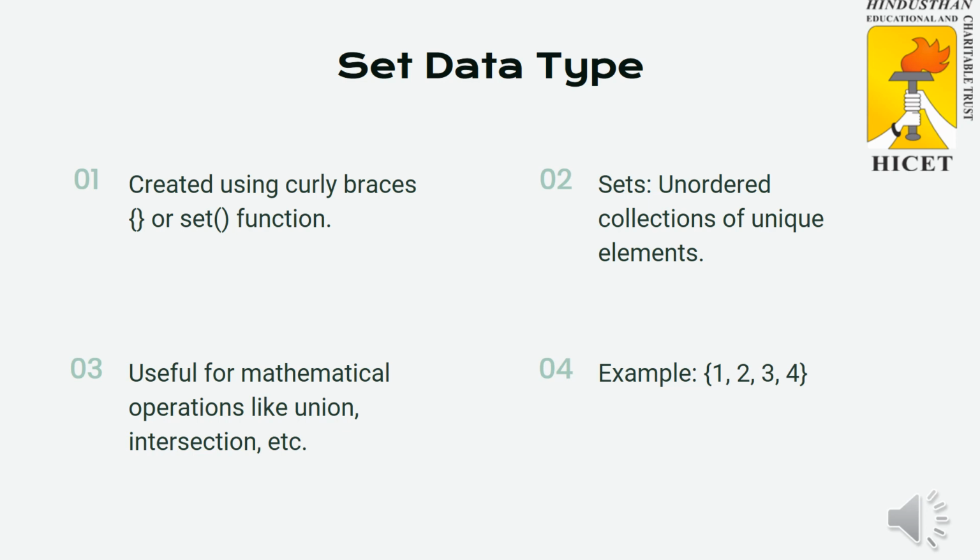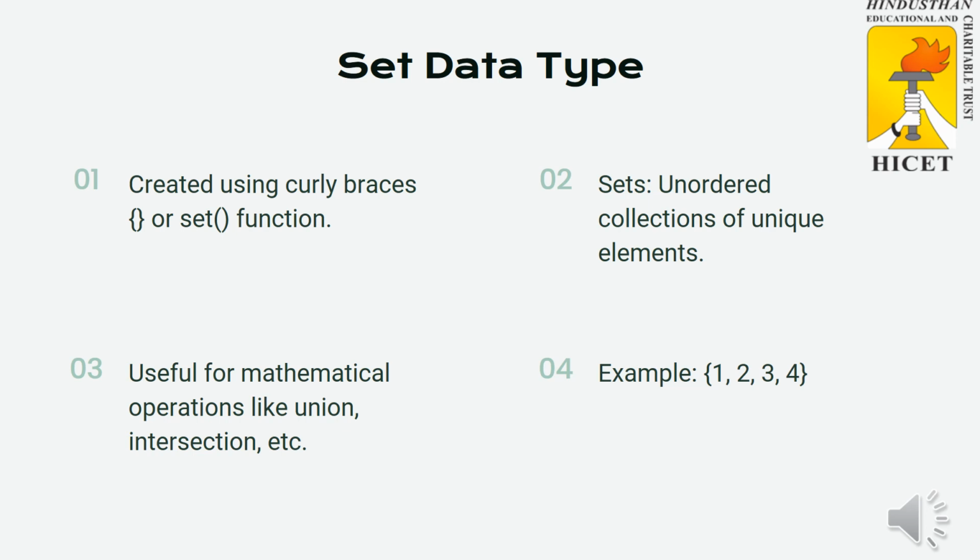So set is an unordered collection of unique elements, and it is created with the help of curly braces or using the set function. The set function is used to create the set data type, and usually in mathematical operations like union and intersection we use this set function. So in Python also we have this set data type.